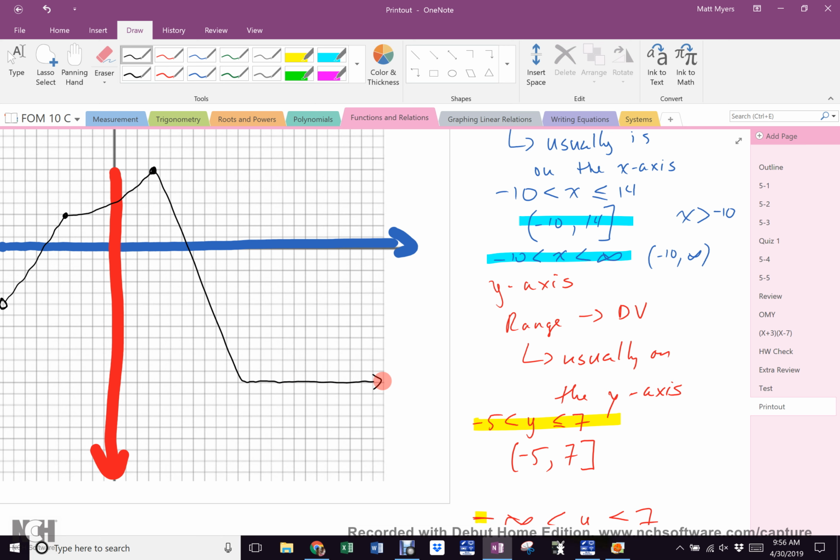Only in the domain. The range would stop right here now, right? Because it ends. What if it did this? Does the range stop? No. Does the domain stop? Where? Right there. Does everybody understand?